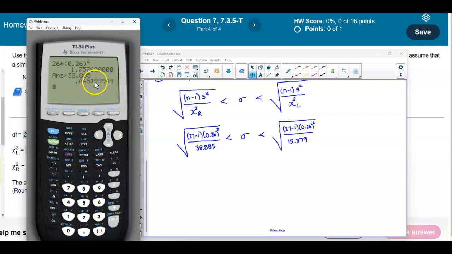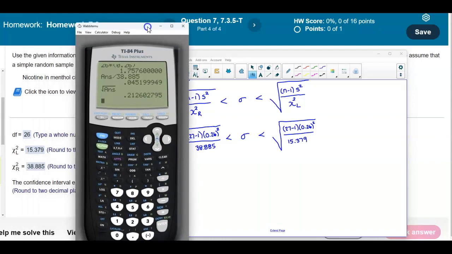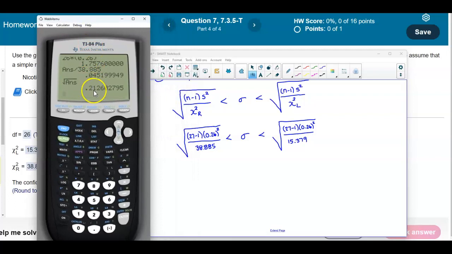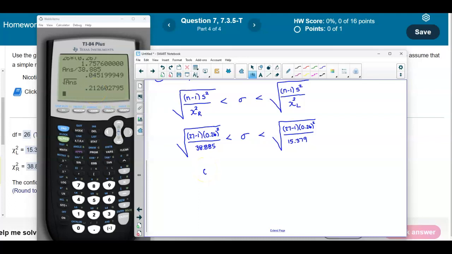And then we're going to take the square root of that result. And then they want us to round this to 2 decimal places. So if we round our answer to 2 decimal places, we get 0.21. So that's 0.21 for the lower limit.